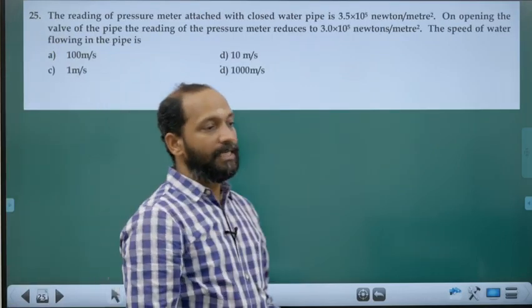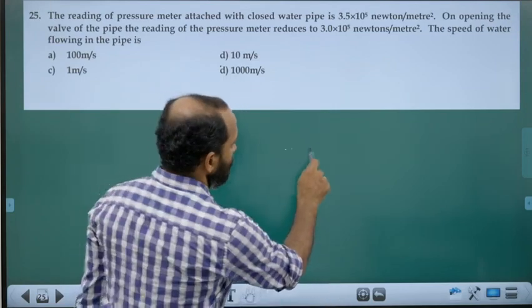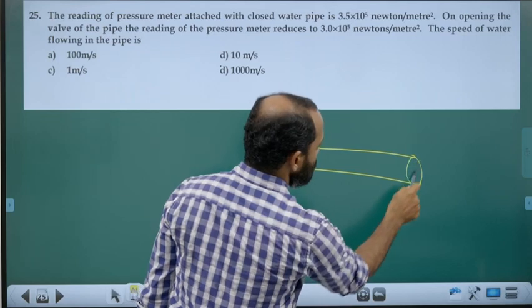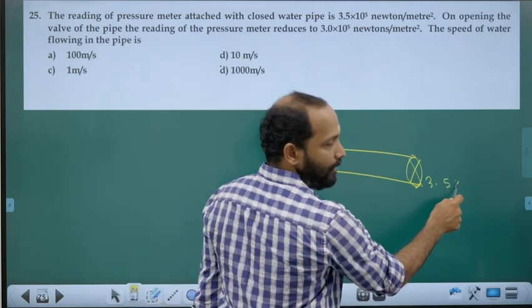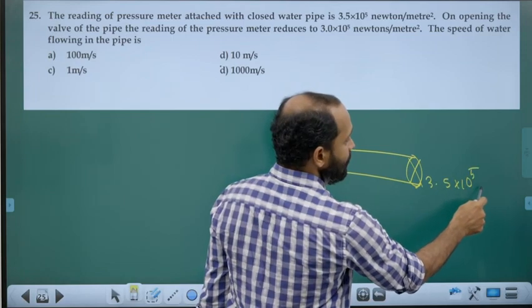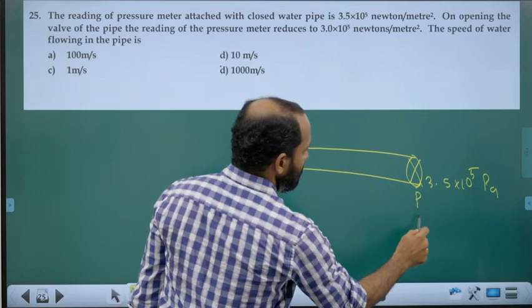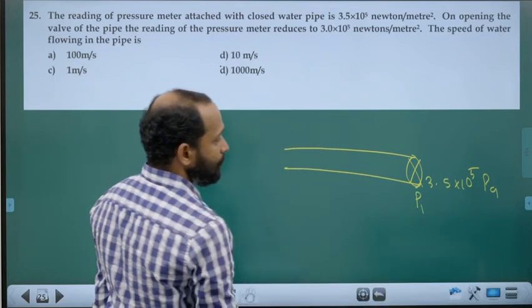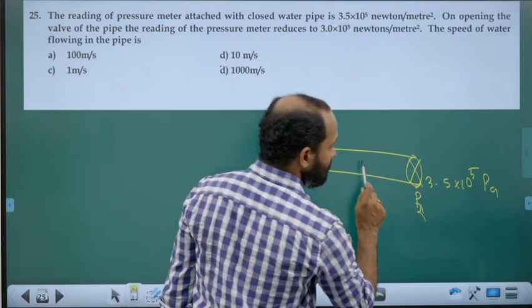25. The reading of the pressure meter attached to the closed water pipe. The water pipe is closed, suppose this end is closed. There the reading is 3.5 into 10 power 5 Pascal. Let that pressure be P2, where the tap is closed.